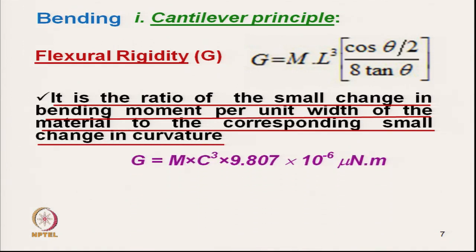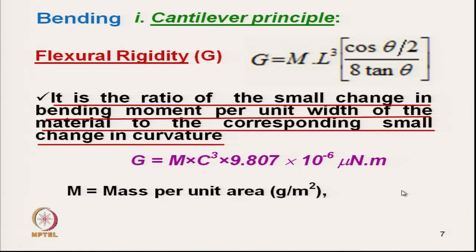And we can calculate this flexural rigidity G in micronewton meters with this formula: m multiplied by C cubed multiplied by 9.807 multiplied by 10 to the power minus 6, where m is the mass per unit area in grams per square meter, and C is the bending length in millimeters.